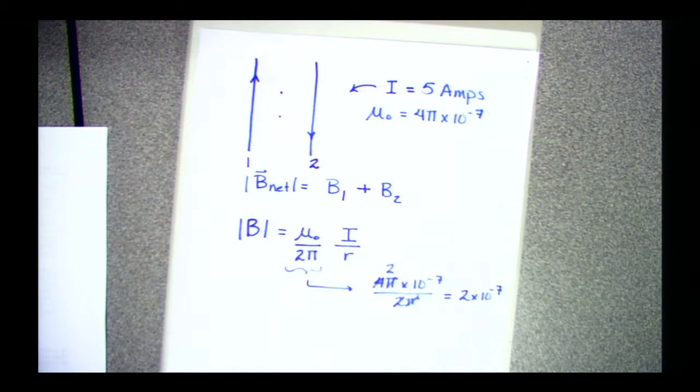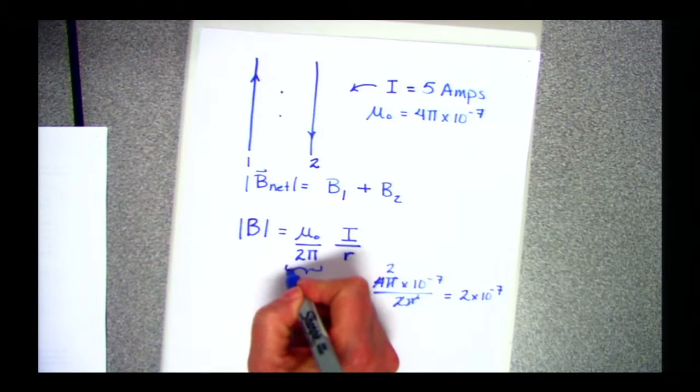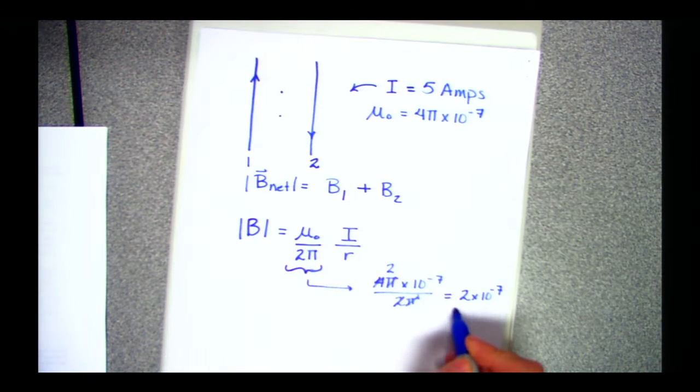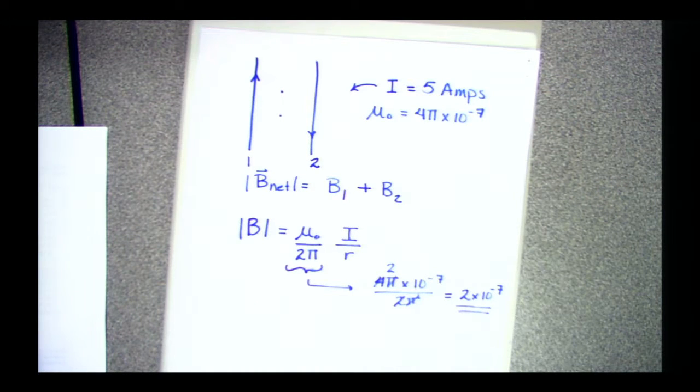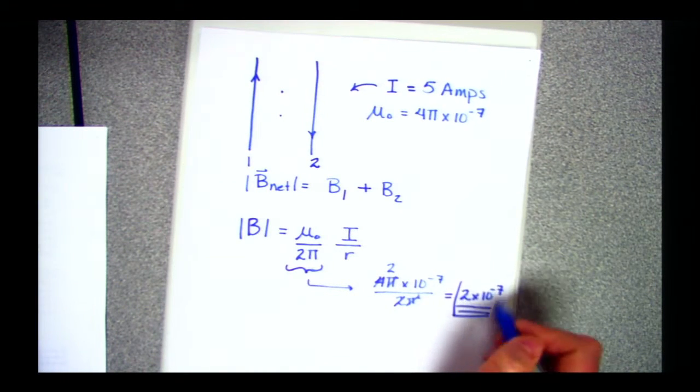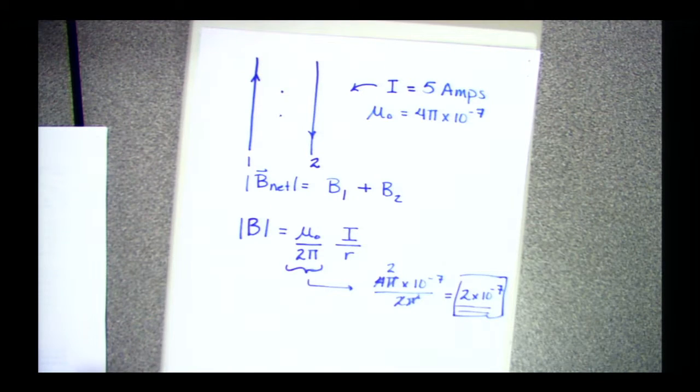So depending on what book you have, this constant here, sometimes you'll just see it as 2 times 10 to the minus 7. So if you're using Chegg, or tutor.com, or another online tutor, a lot of times they'll just give you this 2 times 10 to the minus 7 factor, but they won't tell you where it's coming from.